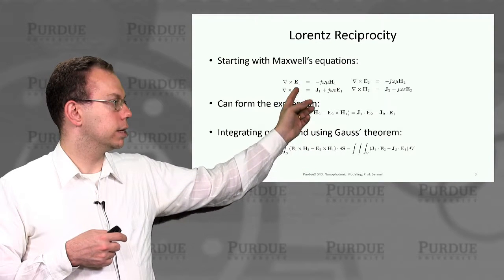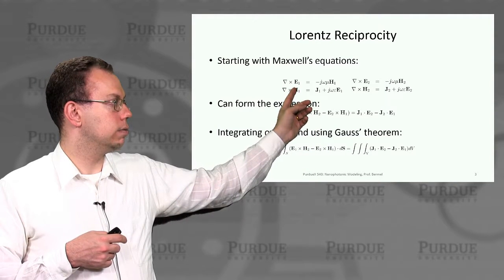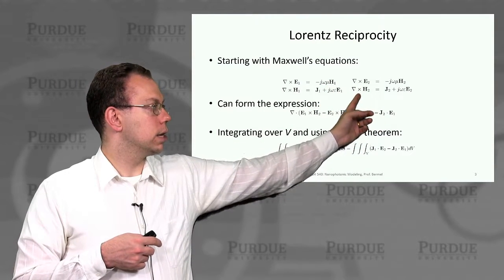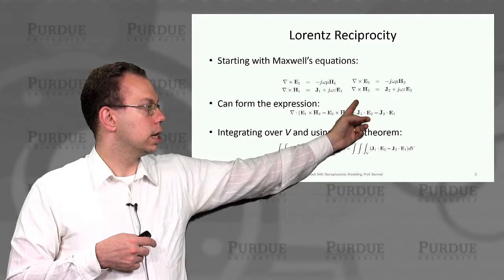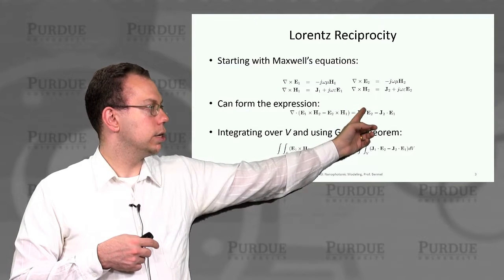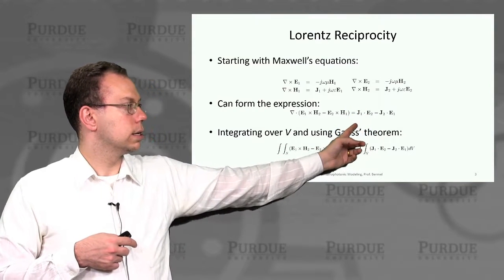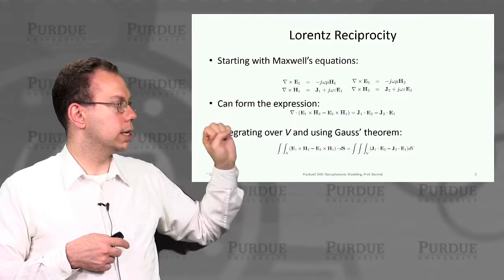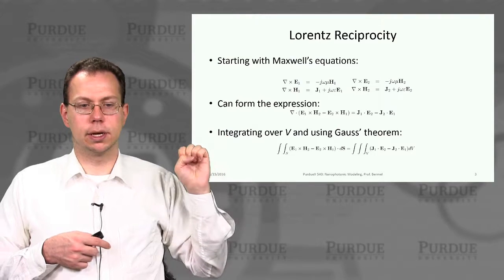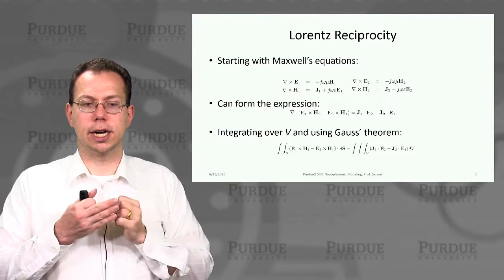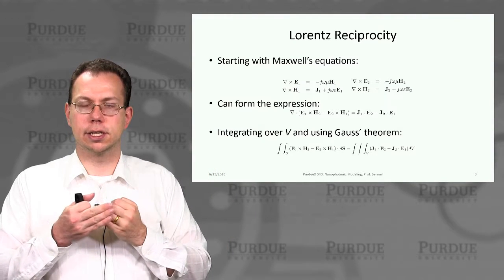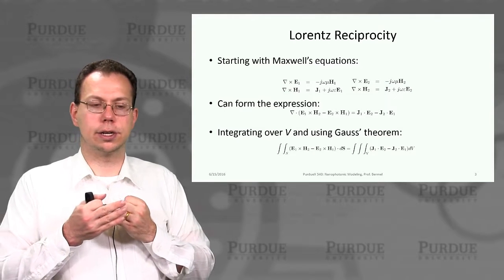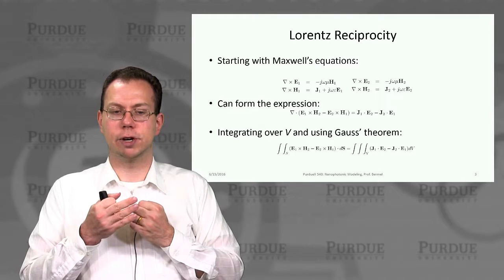Particularly we can take the cross product of E1 with H2, which is over here, and then substitute our expression for the curl of E2, and then we can write down that the divergence of the difference between these two terms is equal to J dotted into E across these boundaries, like J1 dotted into E2 minus J2 dotted into E1.